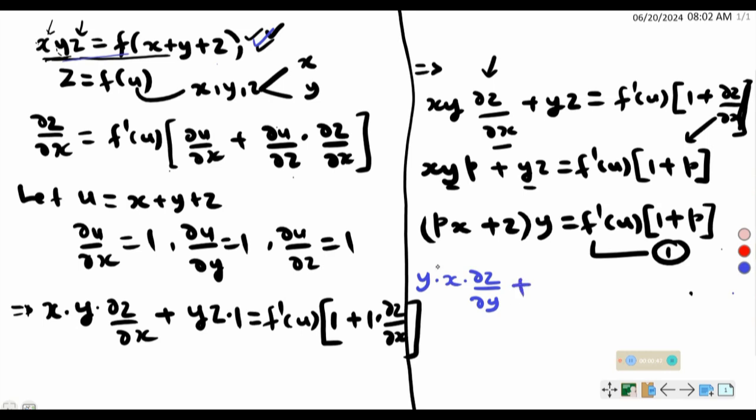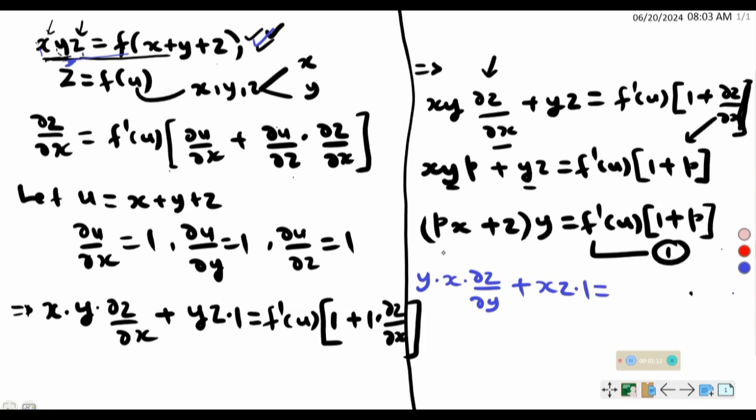Then plus, we maintain xz and differentiate y with respect to y, and you will get 1. We are taking partial derivatives, remember.